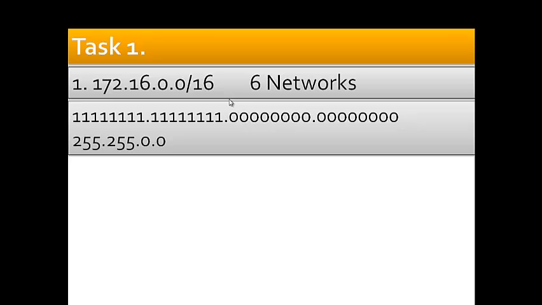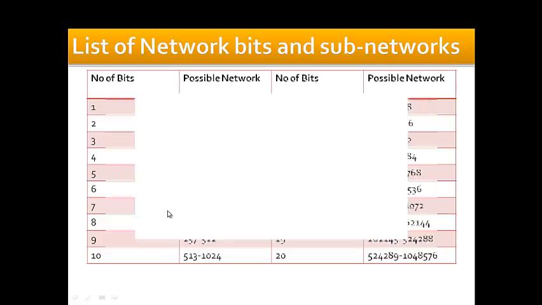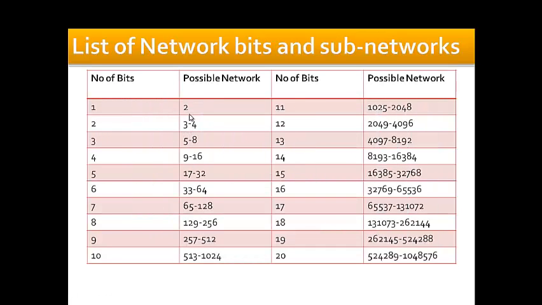Now you have to change this network into 6 subnetworks. For extending your networks, you need network bits. For 6 networks, how many network bits will you need to borrow? Here is a possible chart of that, a list of network bits and subnetworks. If you need 2 subnetworks, you need 1 network bit.